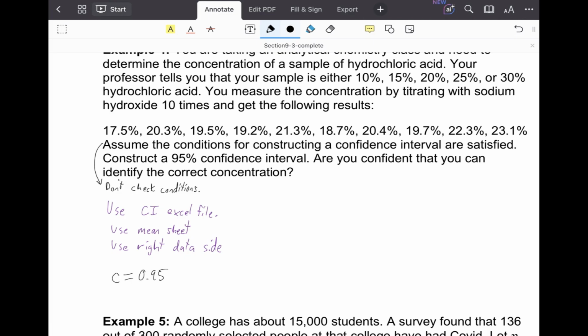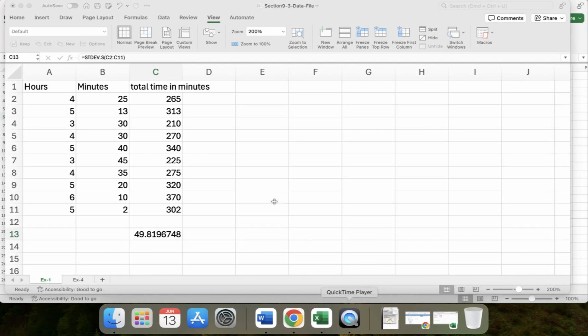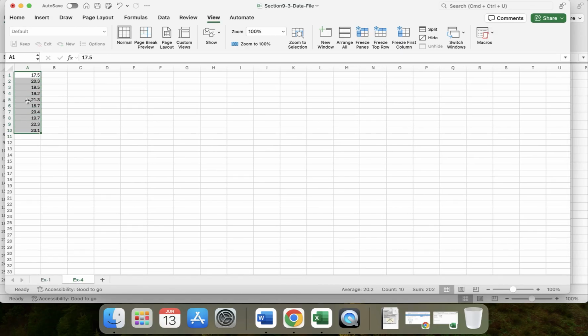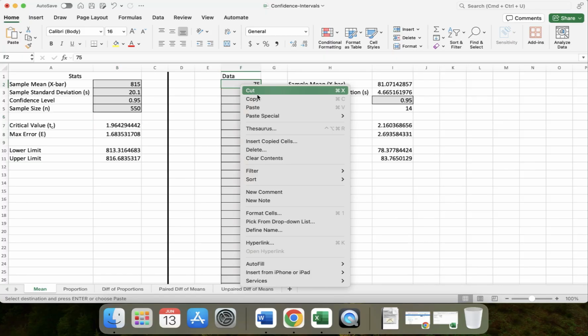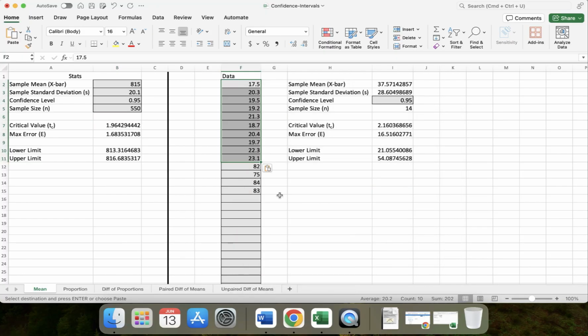And so I want to show you how to do this. I have the data typed out already just to save a little bit of time. So I'm taking those percentages, I'm just going to leave them in this form and copy and paste into the right side of the mean sheet. Get rid of those extra ones.